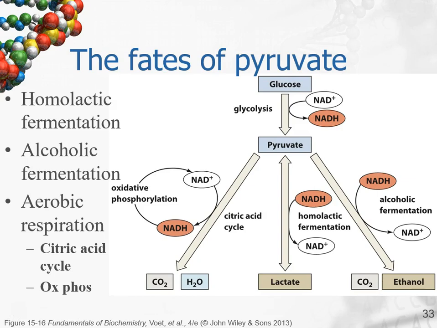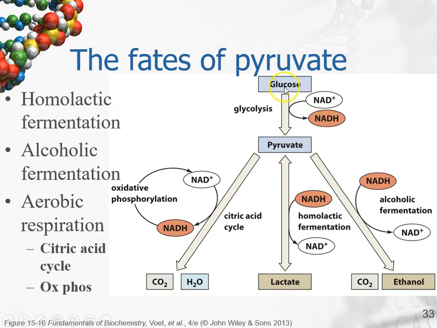So the last thing we need to talk about that's very important is that we cannot stop at glycolysis. When we go from glucose to pyruvate, we got the ATP that we needed to drive the various cellular reactions, but we also have this NADH, and we can't stop here because we have to do something with that NADH.